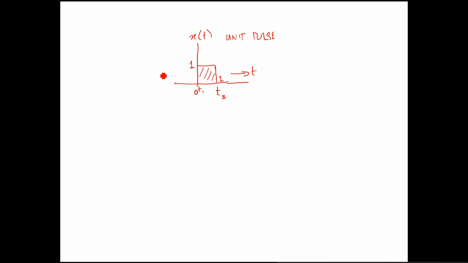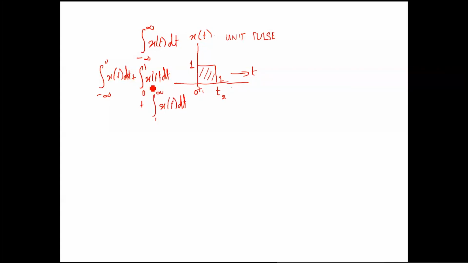So if we have a unit pulse, then you just take the integration of x of t dt from minus infinity to infinity. What should you get? You'll get 1. We can write it in 3 parts. From minus infinity to 0, x of t dt, plus from 0 to 1, x of t dt, plus from 1 to infinity, x of t dt.